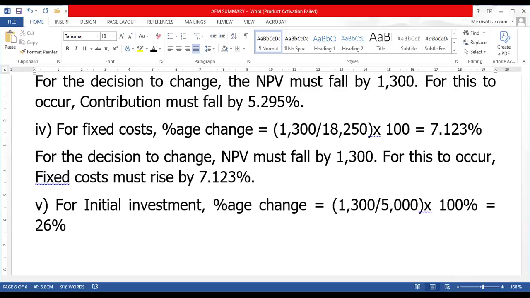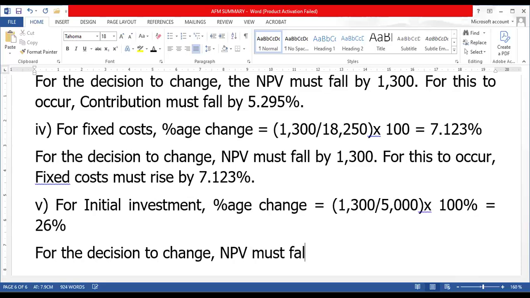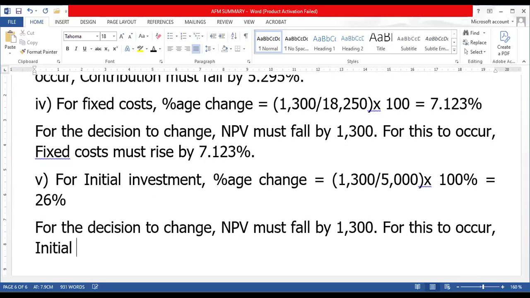Okay, for the decision to change, the NPV must fall by 1,300. For this to occur, the initial investment must do what?